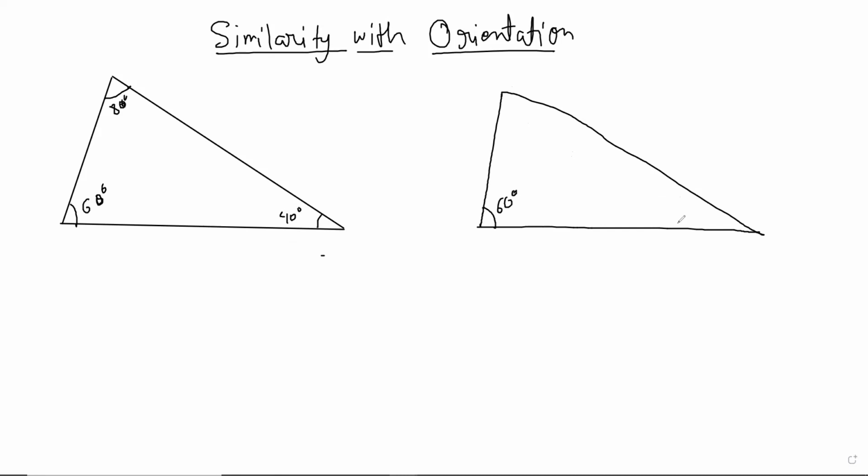So this is 60, this is 80, and this is 40. Now, you see all the angles in the triangles are the same, but they are not the same in the corresponding way, though I may have drawn it like that. If I label it A, B, C, and D, E, F, can you tell me which two triangles are similar?